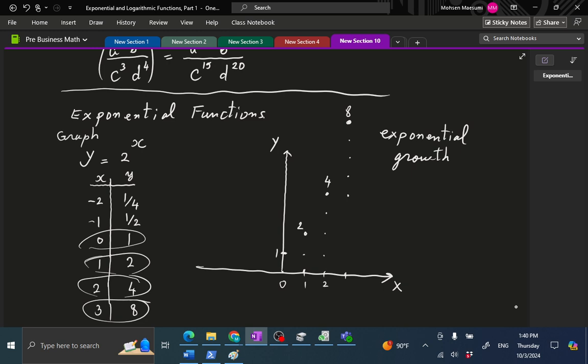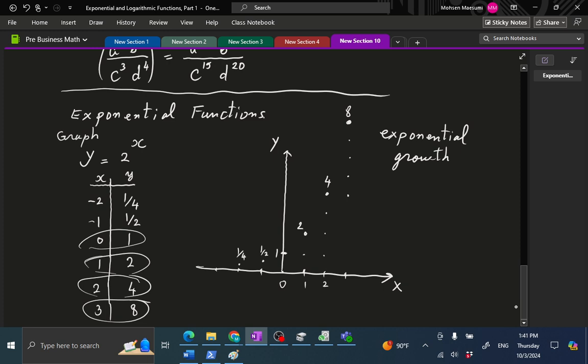How about going in the negative direction? If I go to -1, I go to 1/2. So as you move left, every step the height of the function becomes half of what it was before. At -2, this is going to be 1/4.